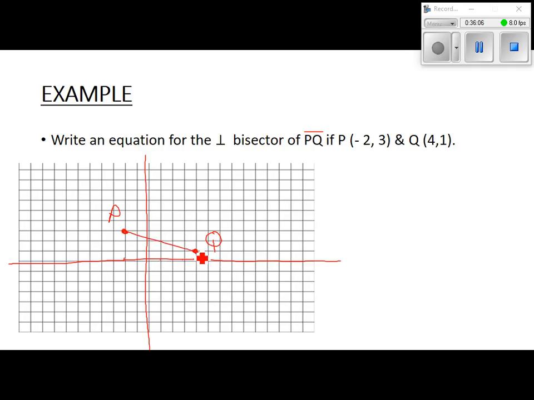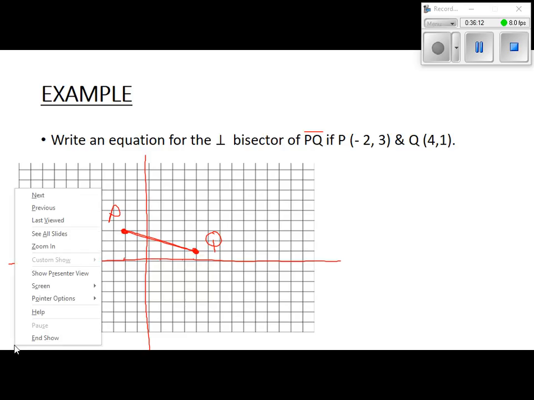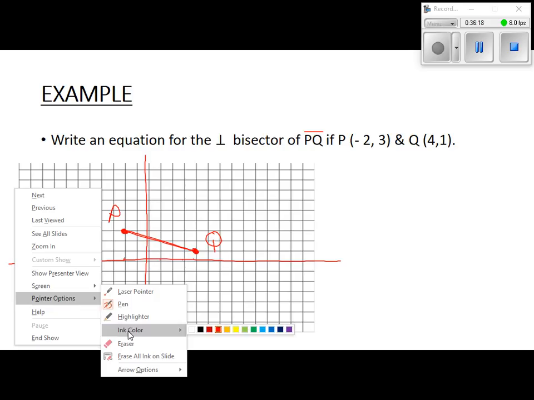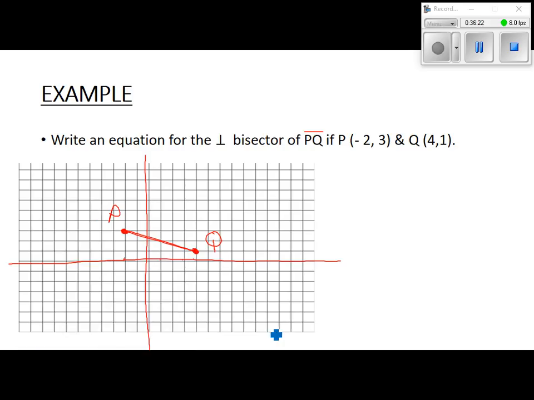That's our segment. Now we want to figure out where the perpendicular bisector of that segment is. So we want some line that cuts through it, is perpendicular to it, and bisects it. The way we're going to do that: we did our first step, that was the graph.